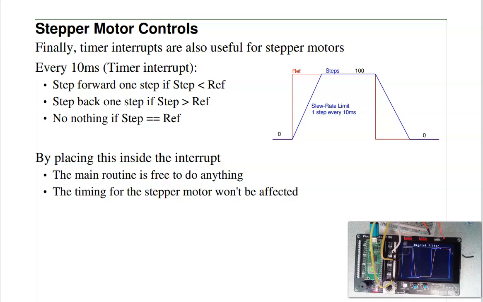Finally, I can control a stepper motor. With the timer interrupts, I can set the sampling rate very precisely. If I place the stepping inside the interrupt service routine, such as if I want to go forward 1, increase step by 1, backwards 1, decrease by 1, if I'm where I'm supposed to be, do nothing. By placing that inside the interrupt, the main routine is free to do whatever you want.